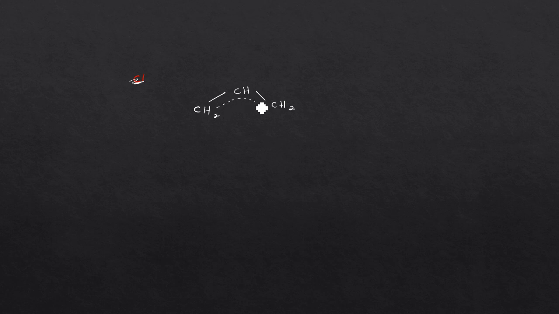Here we have a 5 electron cloud. This is eta 3, which means this ligand is connected to our metal center through 3 carbon atoms. Eta 3 means 3 carbon atoms are connected to our metal center. So this is connected like this. All these 3 carbon atoms are connected to our metal center.